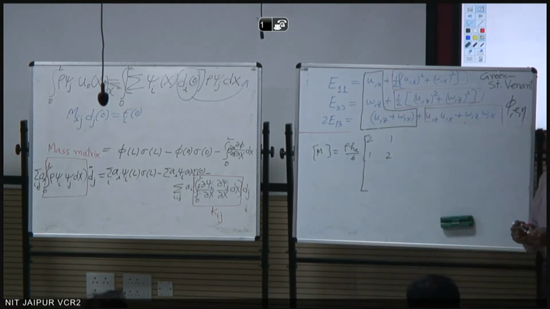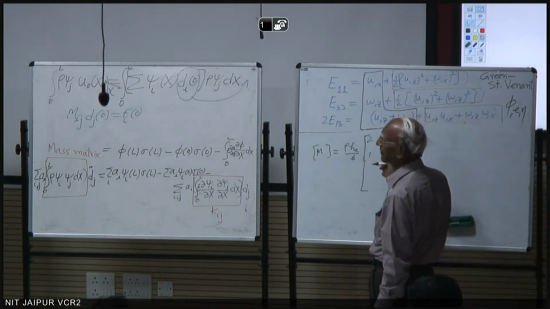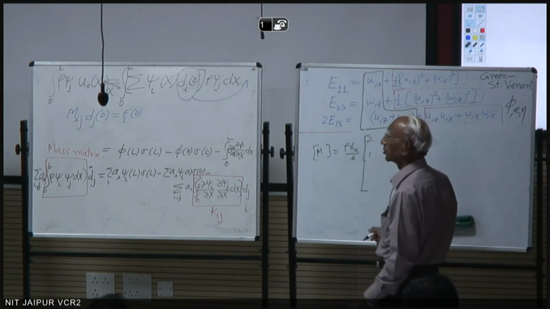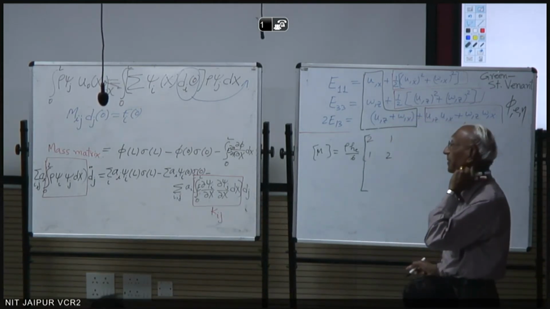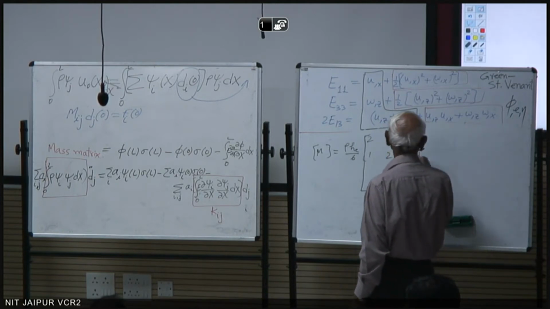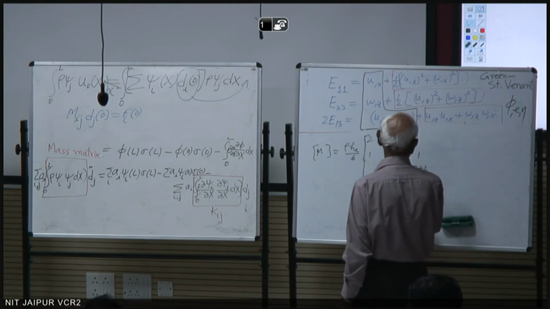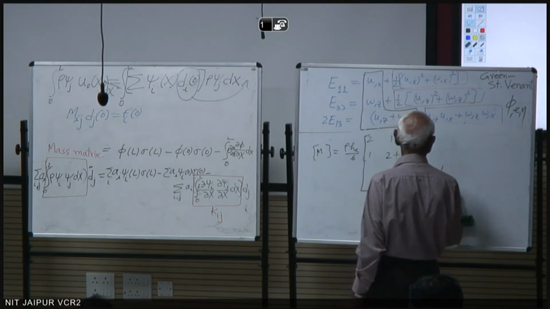It will be 4 by 4. We took 4 nodes. So this is going to be 2, 1, 1, 2. Now if you go to the next one, you will get 2, 1, 1, 2, and then 2, 1, 1, 2.